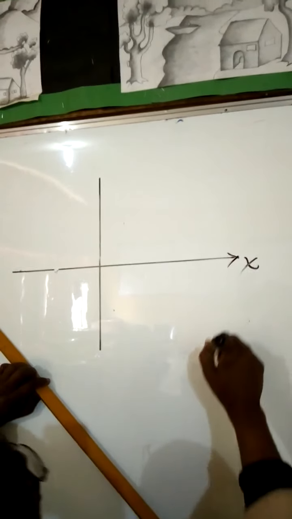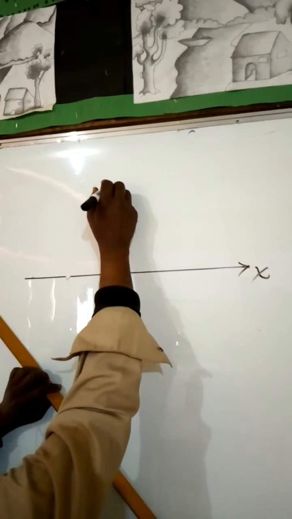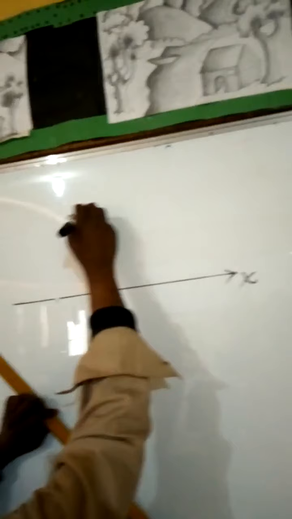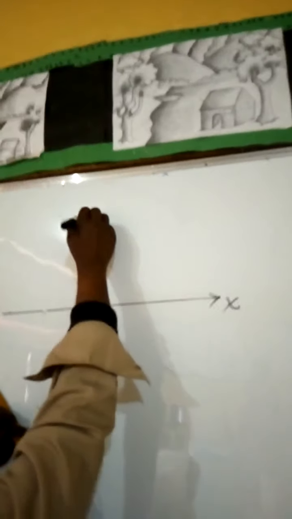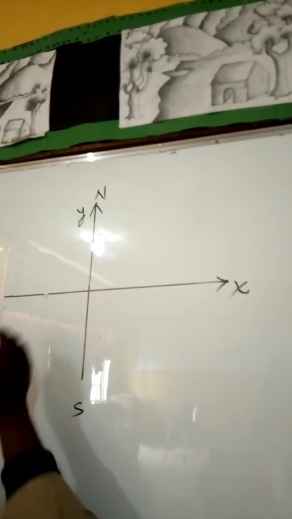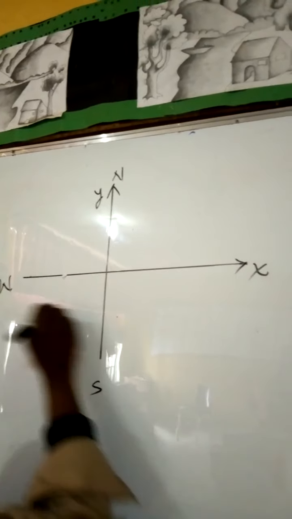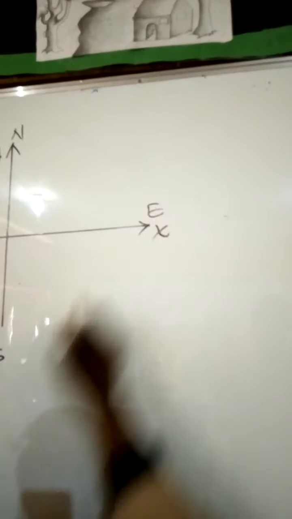That is the x axis. This is the y axis. And this positive direction of the y axis is always the north. The negative direction is south. This is west. And this is east.